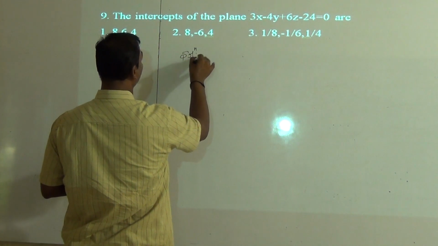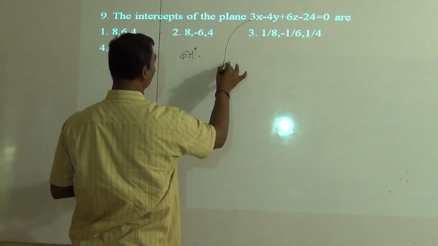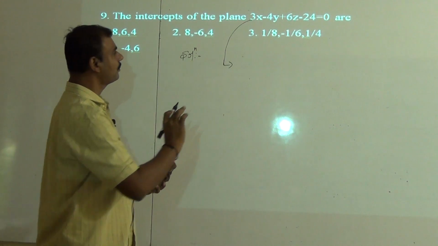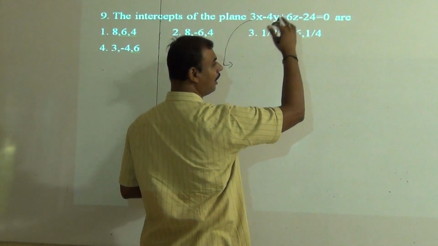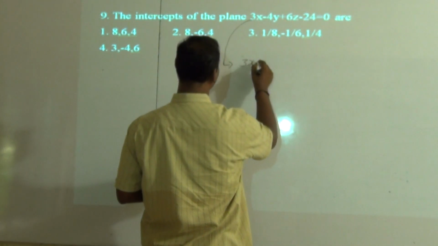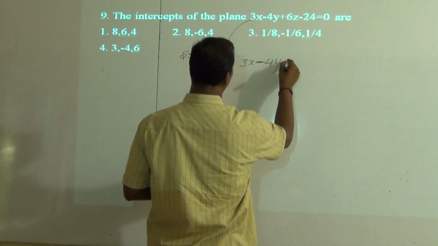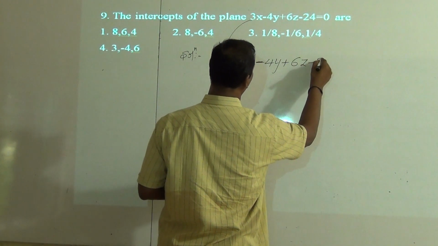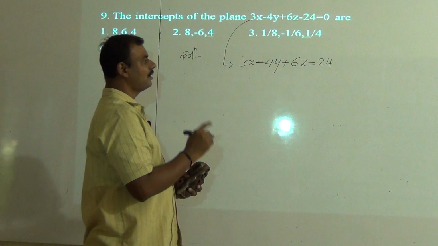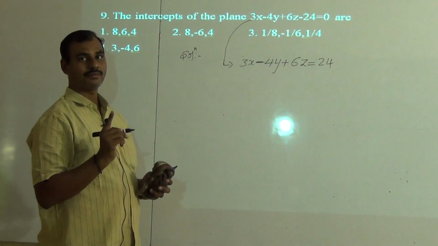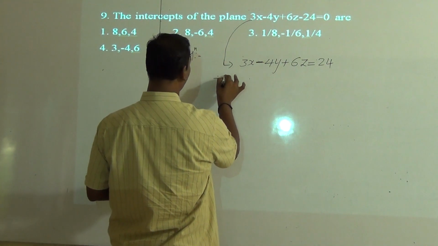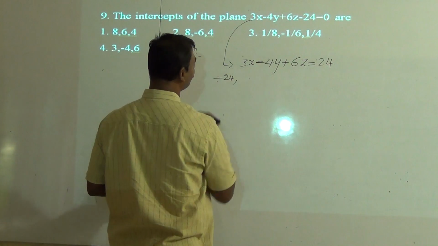So I take the equation of the plane first. After that, the constant should be made positive. Here minus 24 is there, so I take it to the right side. We get 3x minus 4y plus 6z equals 24. Now on the right side we should make 1. How to make it 1? Divide the equation by 24.